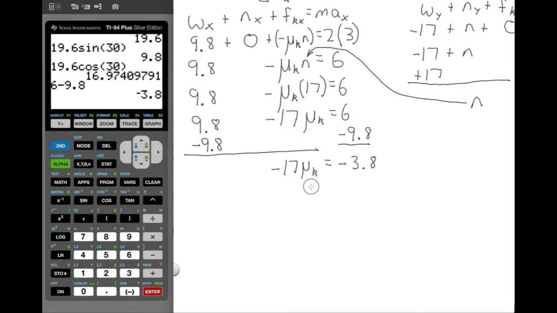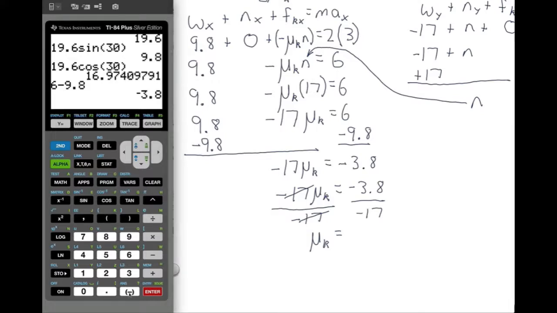Now, to continue to get mu sub k by itself, we have to divide both sides by negative 17. That lets us cancel the negative 17 from the left-hand side, so we're left just with mu sub k on the left-hand side. And now we have to do our calculation, negative 3.8 divided by negative 17.